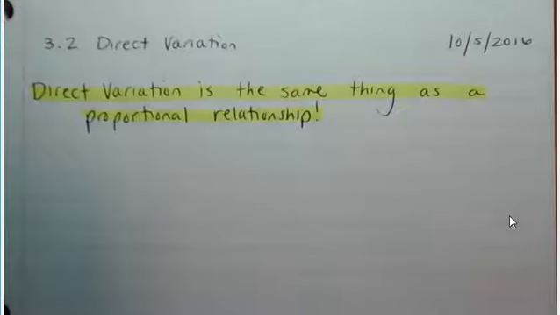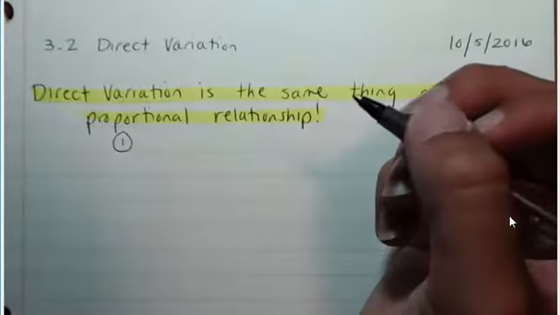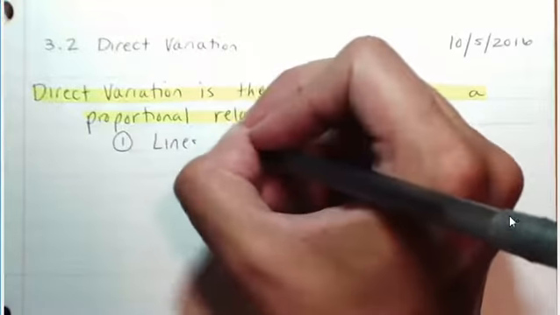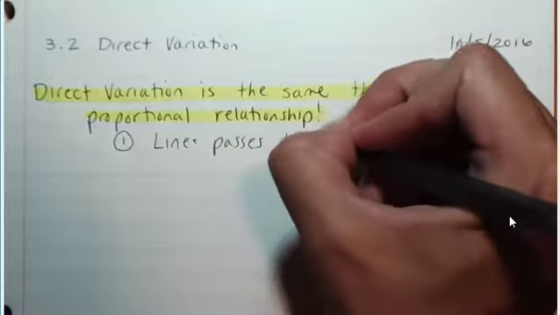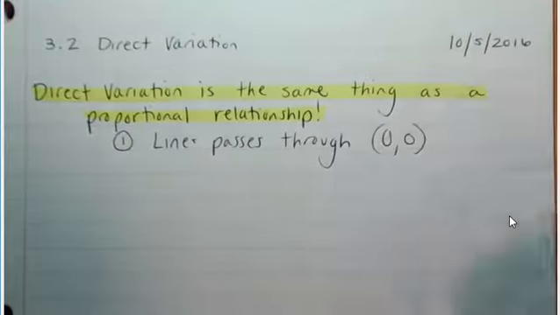Now, what is proportional? Okay, the first thing to make something proportional that I always look for is that the line passes through 0, 0, or the origin.